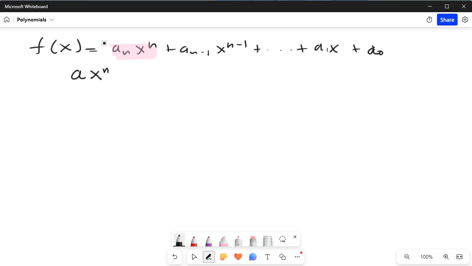I want to look at what would happen if A is positive and n is odd. So here we'll think of a set of cases. My first case is: what if A is positive and n is odd?